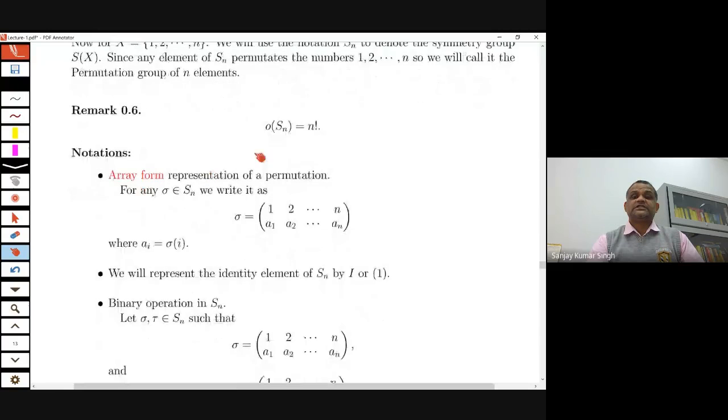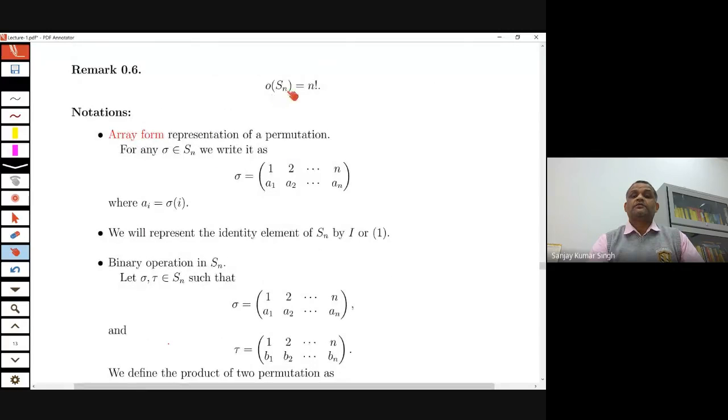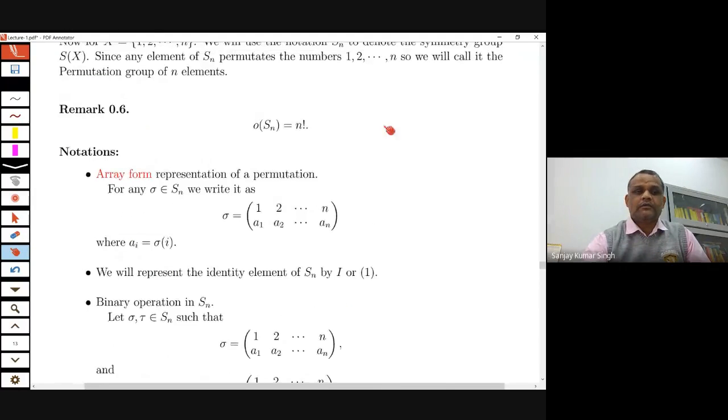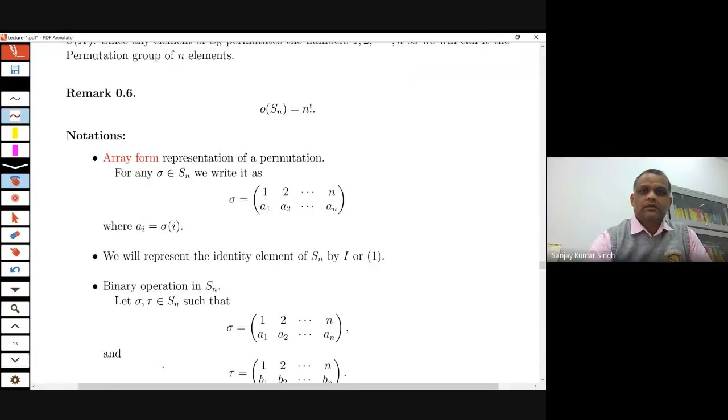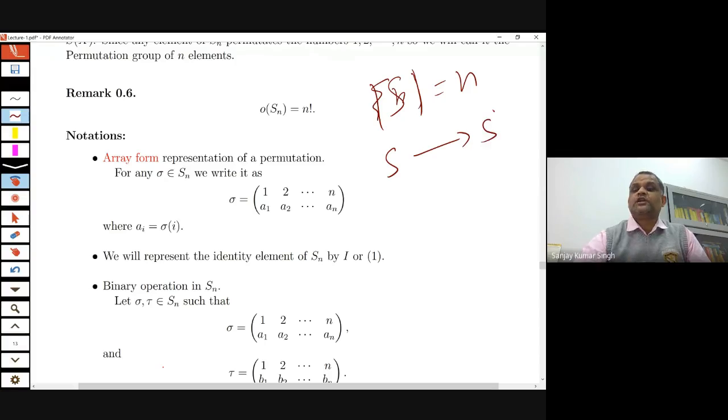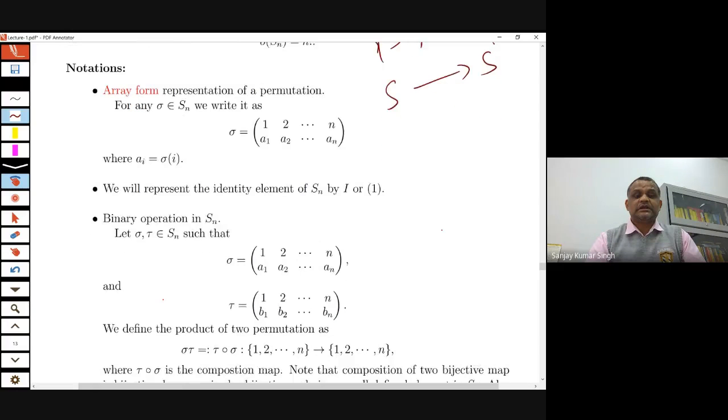It is very interesting to check that the order of this group is n factorial. So basically you have a set with n elements, cardinality of the set is n. So what are the maps from S to S which are bijective maps? This number is actually n factorial.